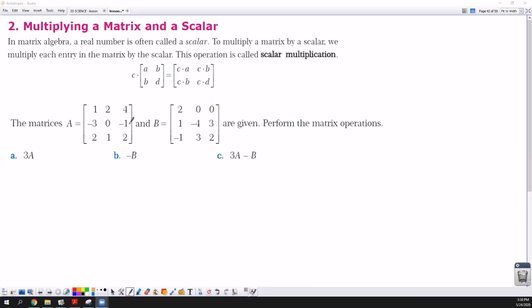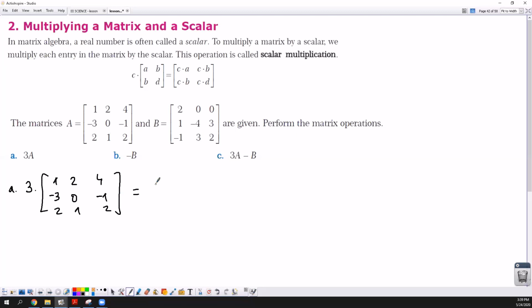Okay. For the first one, we will get 3A, which means that we will multiply 3 by all of the elements of the matrix. So 3 times the matrix with elements 1, 2, 4, negative 3, 0, negative 1, 2, 1, and 2.